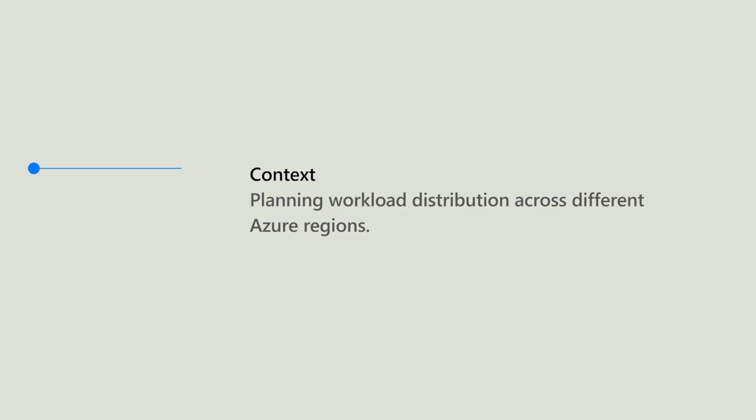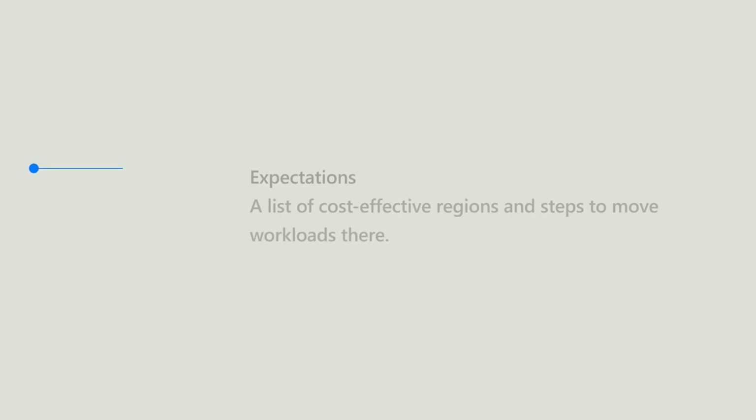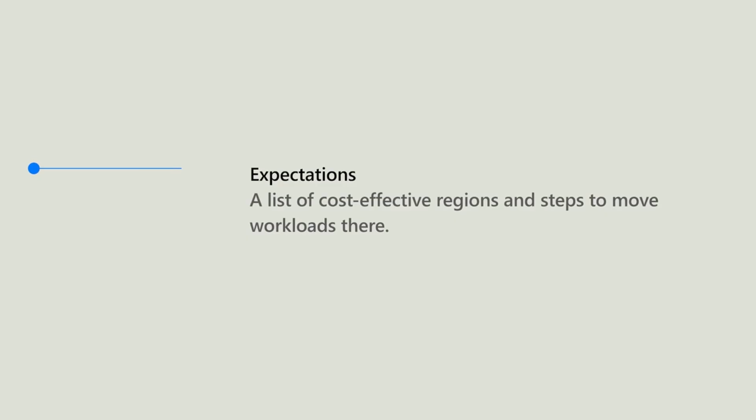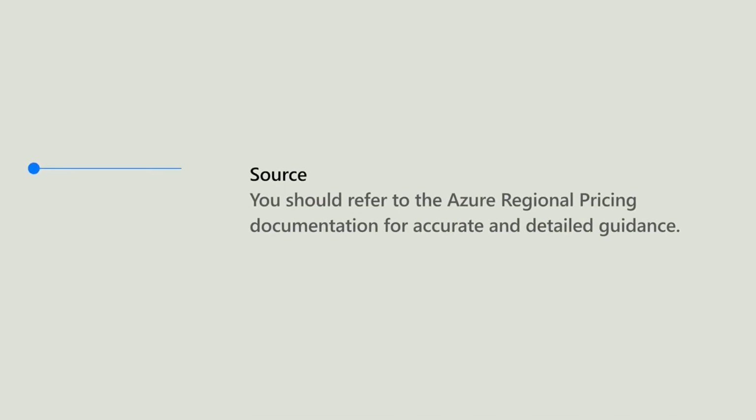Planning workload distribution across different Azure regions. Next up, our expectations. What do you hope to find? A list of cost-effective regions and steps to move workloads there. And lastly, the source. Where should you look for this information? You should refer to the Azure Regional Pricing documentation for accurate and detailed guidance.